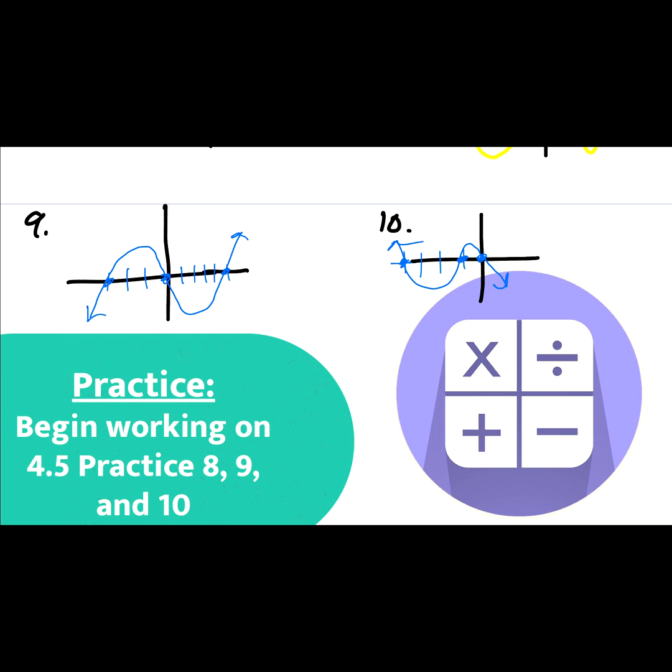All right, about 10 more seconds. Get to a good stopping point with the one you're on. Number 9? Yeah, number 9 is odd and positive. Oh, number 10 is odd and negative.